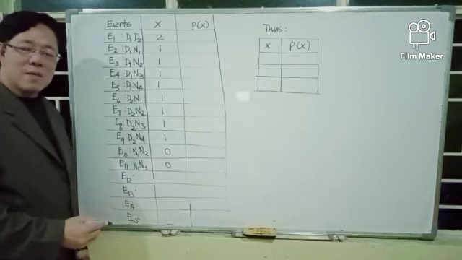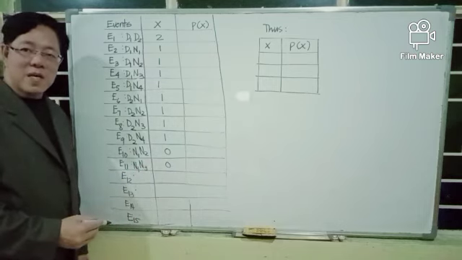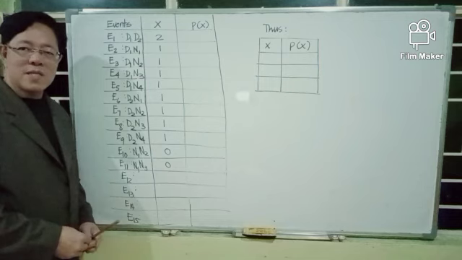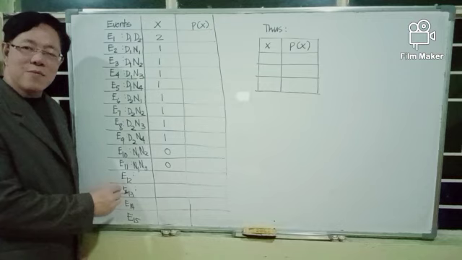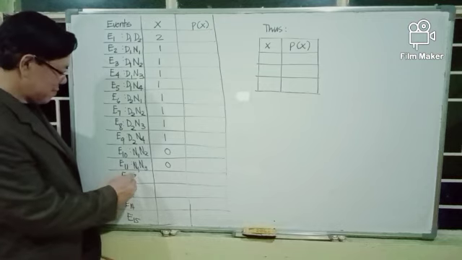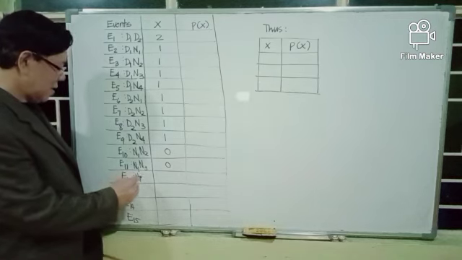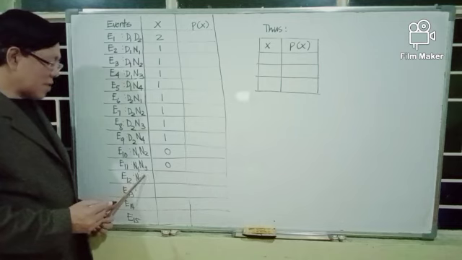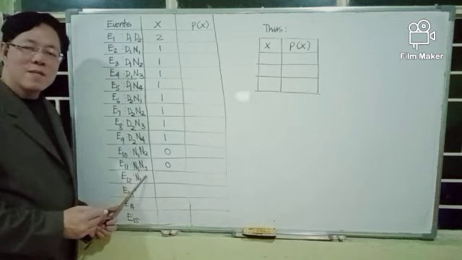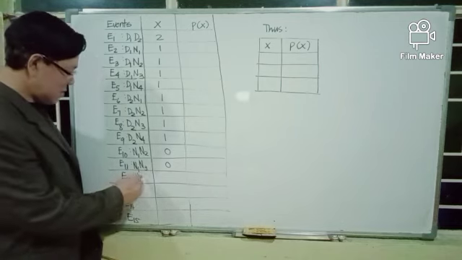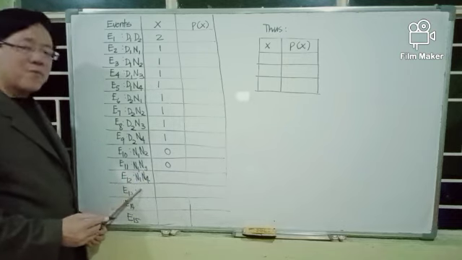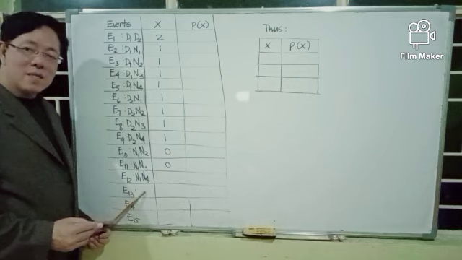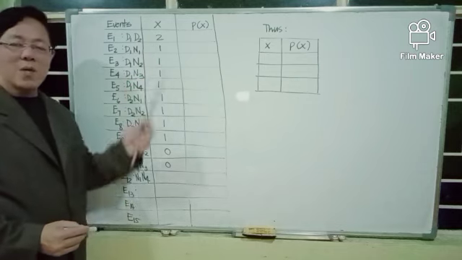Another event in which two non-defective appliances were selected is the first non-defective and the fourth non-defective appliance. And for this event, the value of the random variable x is 0.